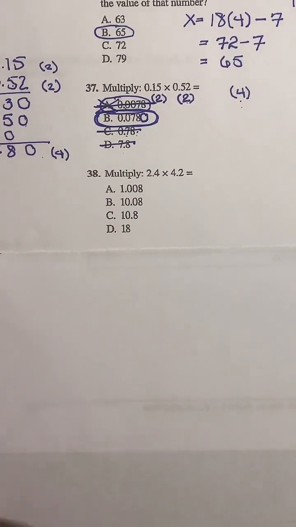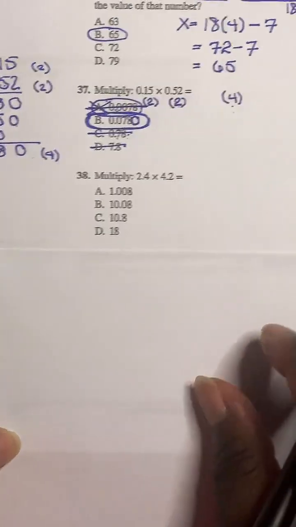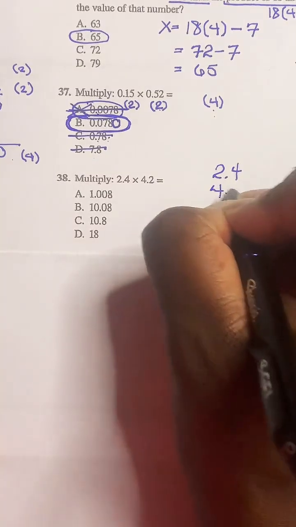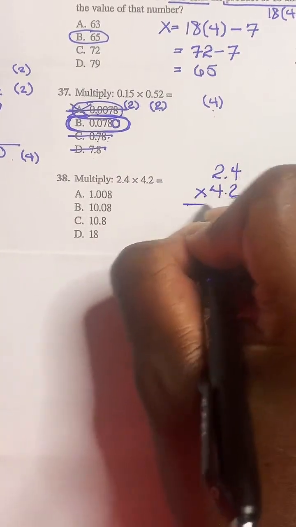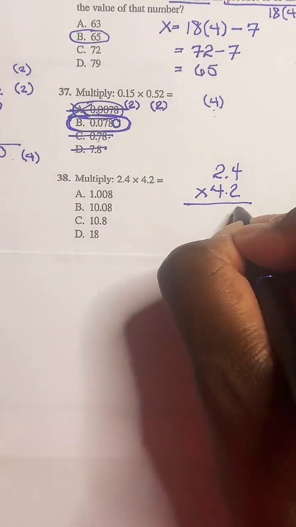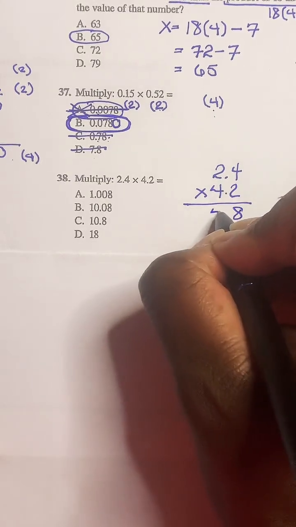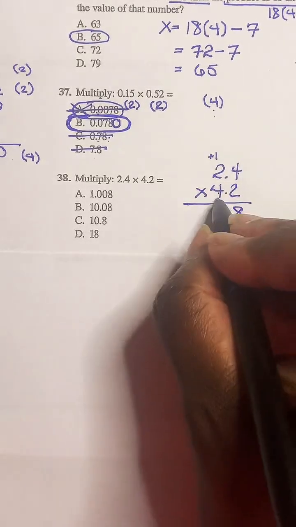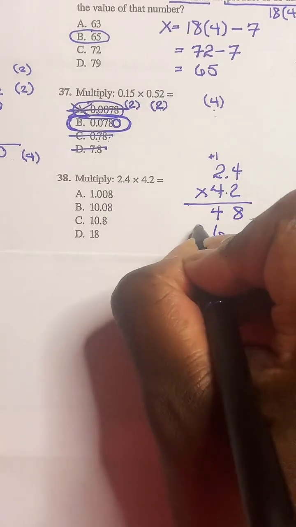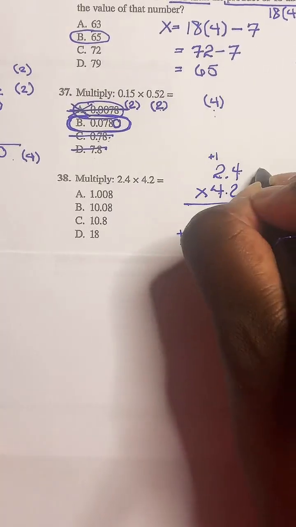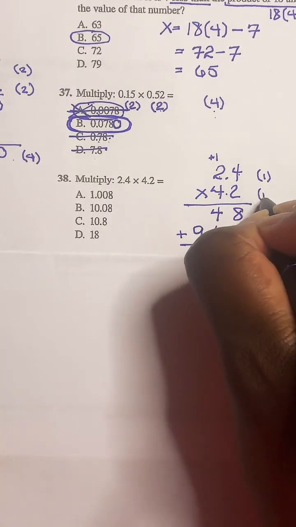Okay. All right. So, if we want to make sure you got your 2.4, you got your 4.2. If you are multiplying, right now we don't have any zeros to place on the ends. So we got 4 and 2, that gives me 8. 2 and 2, that gives me 4. 4 and 4, that gives me 16. Carry the 1. 4 and 2 is 8 plus 1, that gives me 9. So this is 1 decimal place. This is 1 decimal place.